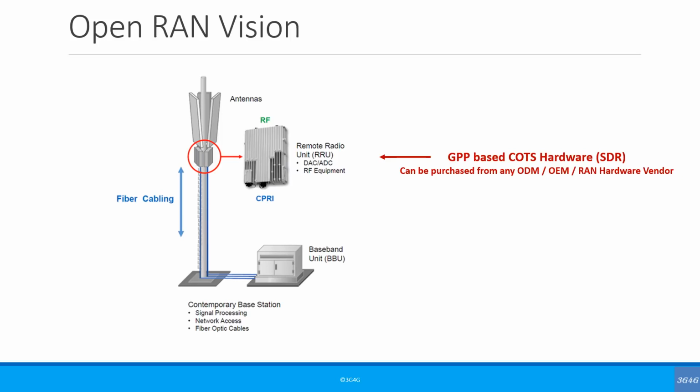So just in case you may not know, ODM stands for Original Design Manufacturing and OEM refers to Original Equipment Manufacturing. There is a lot of confusion about these terms, so let me try and explain this in simple terms.